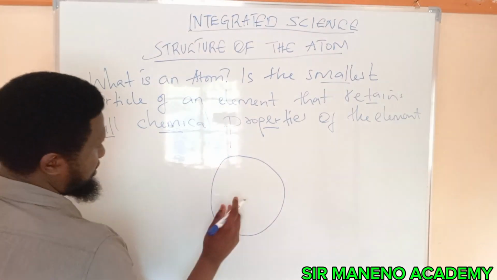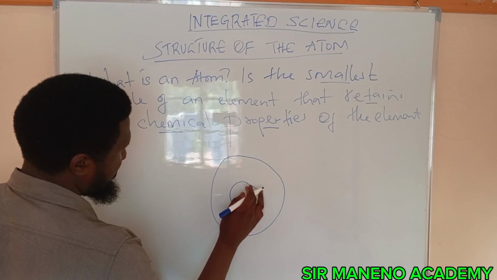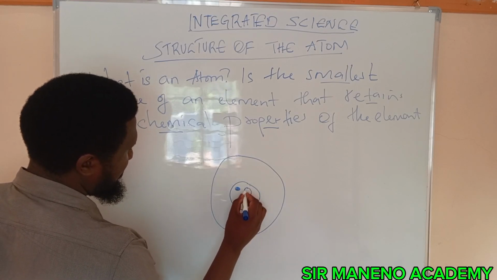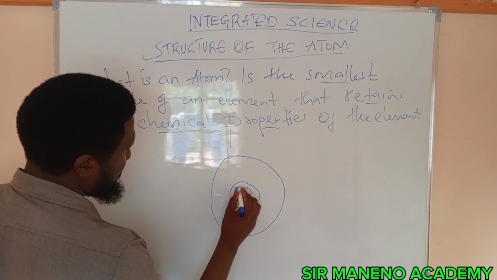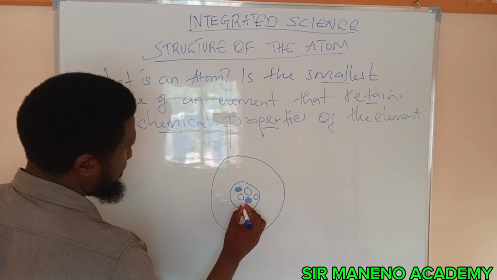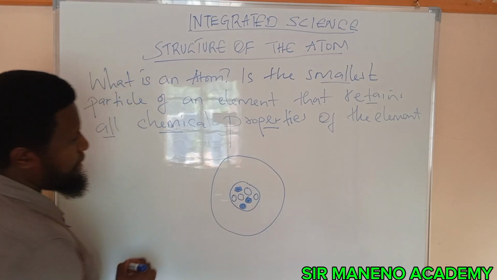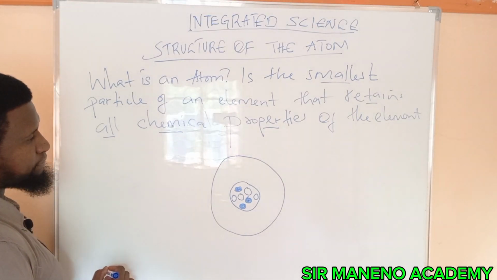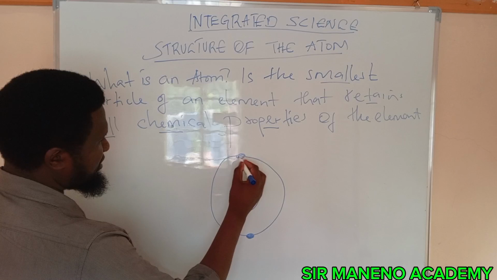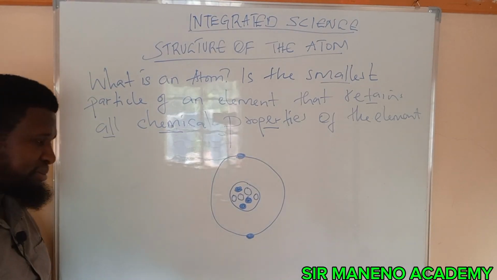So we have that, and then we have this. Now, this is a simple structure of an atom.